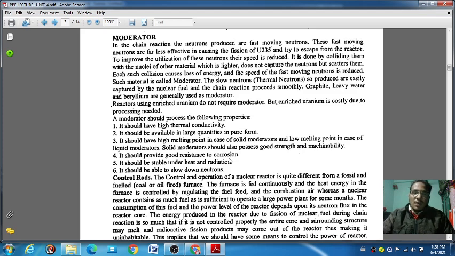It should provide good resistance to corrosion. Always remember the moderator provides good resistance to corrosion, and it has stability to withstand the heat or radiation while the material is moving in the reactor.